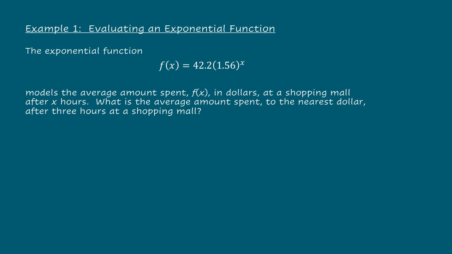Depending on the calculator that you use, be it a TI or Casio or whatever you're using, your exponent key may look different. You may be using one that has a key that is a caret. You may also see an exponent key that is a y to the x.